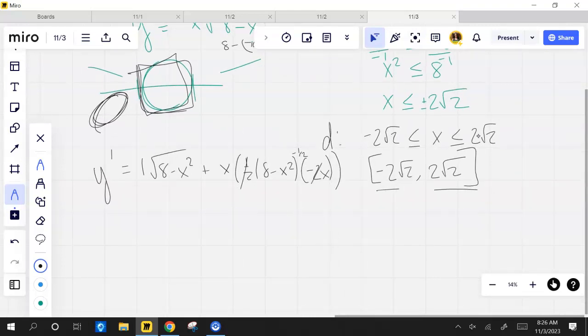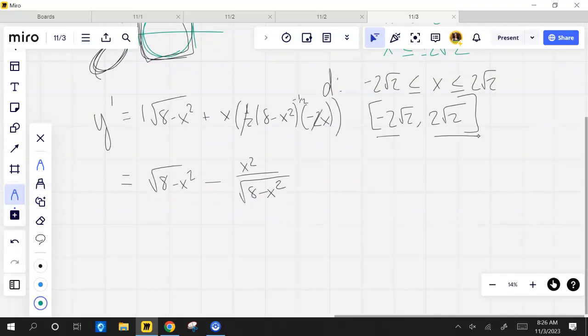The x's do not because they're both on the top. So I've got the square root of 8 minus x squared minus x squared over the square root of 8 minus x squared. Everybody agree? Before I can find where that equals 0, what do I need to do? Multiply what? Common denominator. I got to combine them, right? So put this over 1. What's the common denominator?